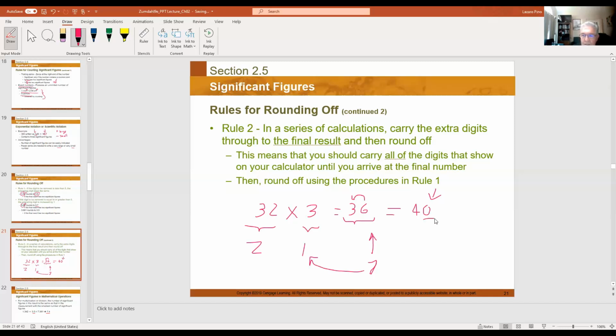Because this zero is not considered a significant figure, it's a trailing zero. And this number has only one significant figure, and is the closest to this with only one significant figure. Remember, when you multiply, you have to report the number of significant figures of the number with fewer significant figures.